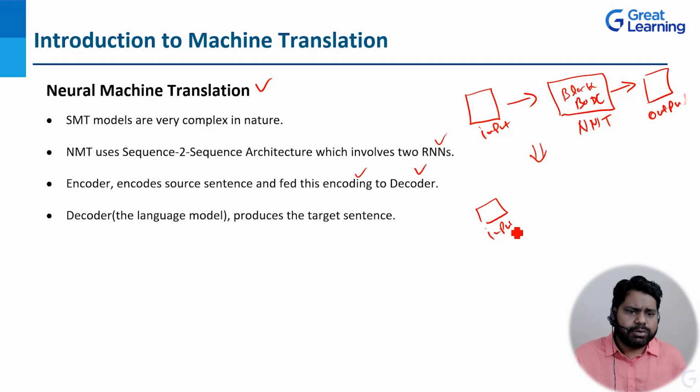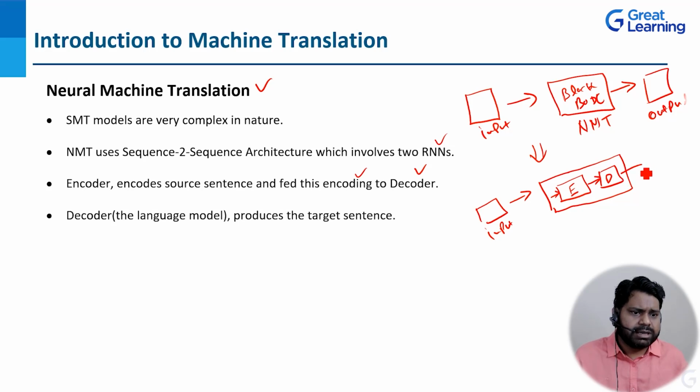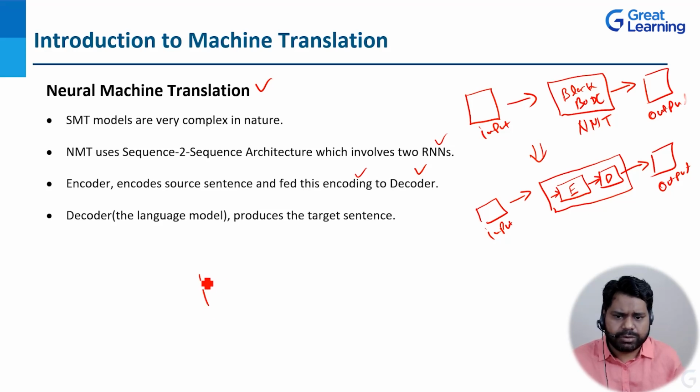We have input, and this input goes to the sequence to sequence model. Here we have an encoder and a decoder, so I'll just write E and D for the same. It goes to the encoder, the encoder encodes it and sends it to the decoder, and then the decoder decodes it and produces the output.